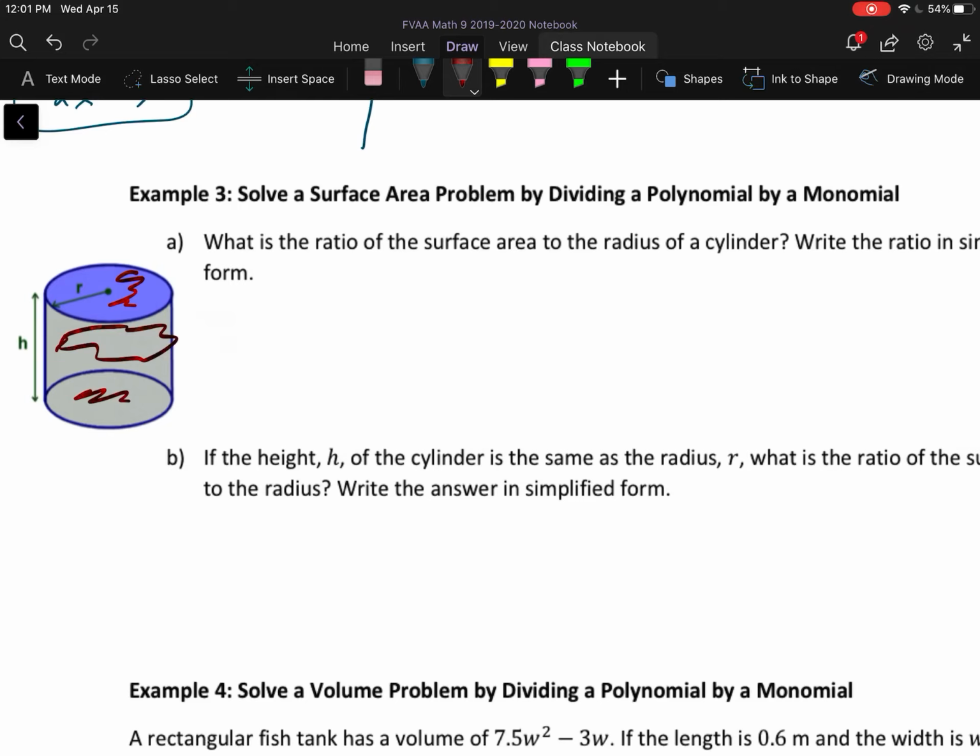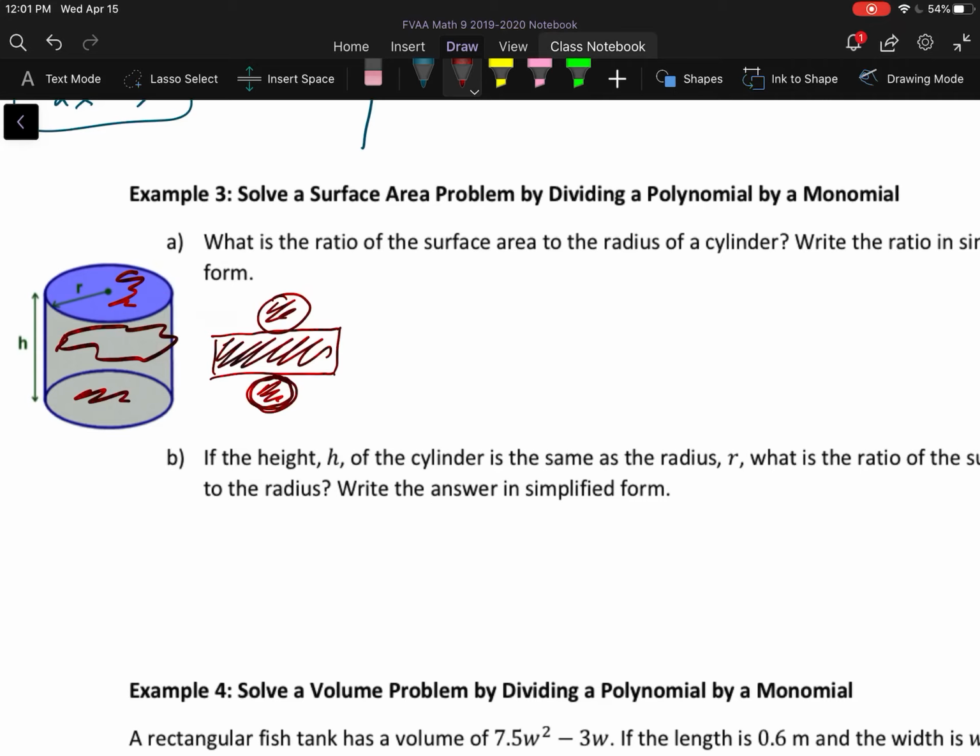And you can roll out a cylinder. If you were to roll out a cylinder, it would look like this. This being the side part, and this being the top and bottom surface areas. We have to add these components all together.